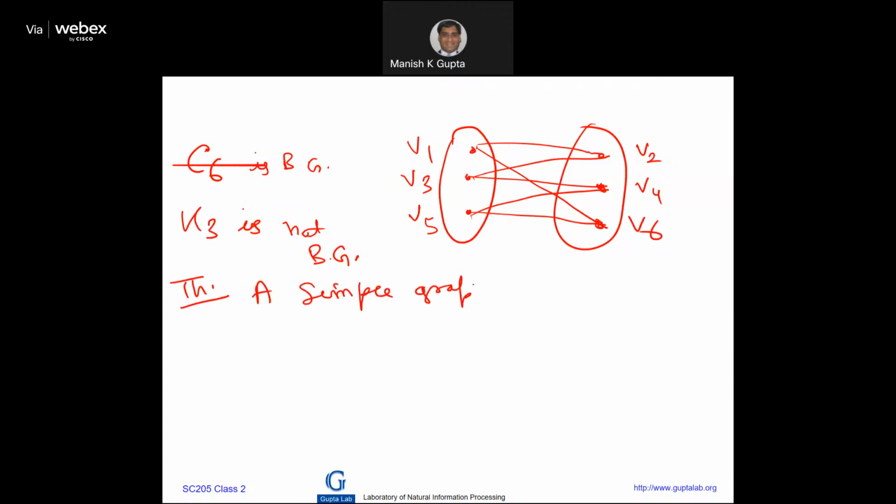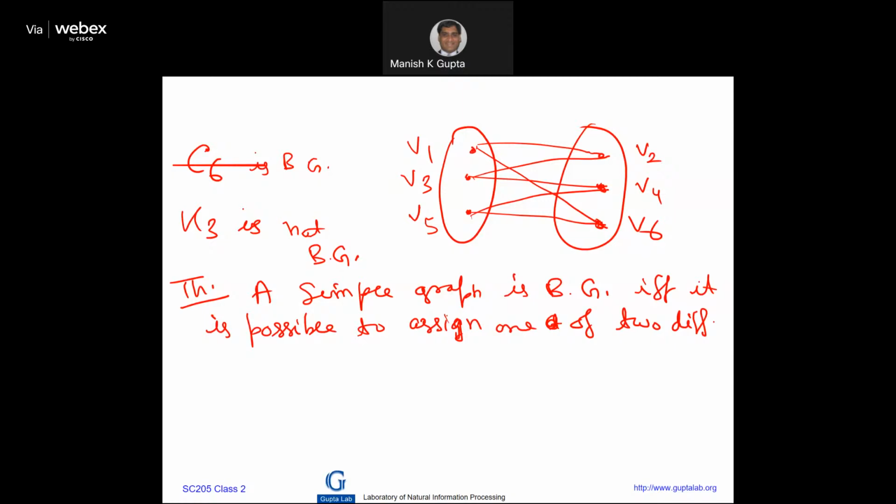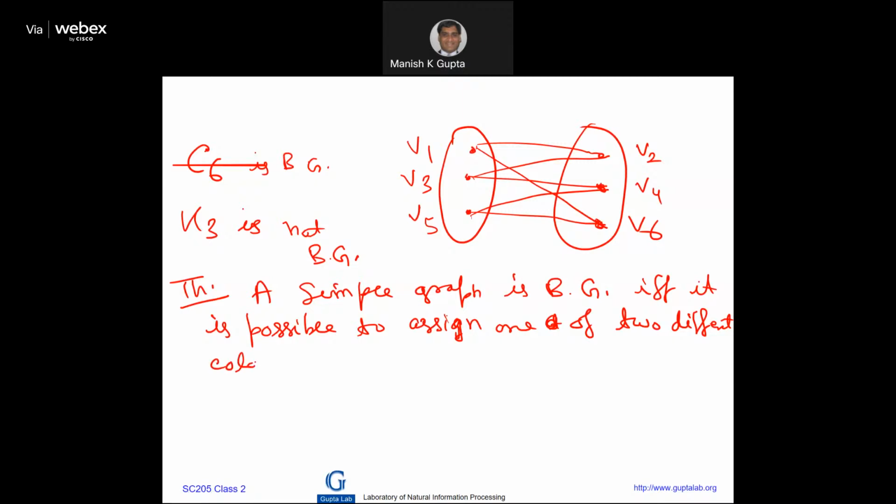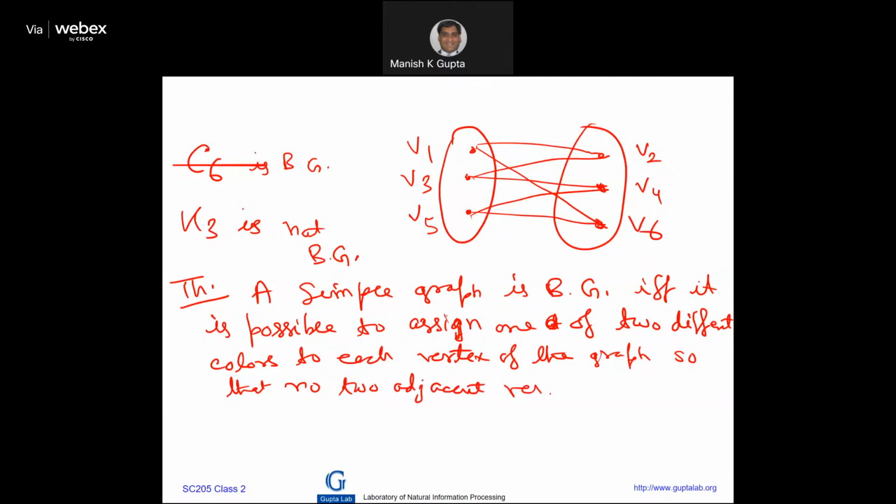A simple graph is a bipartite graph if and only if it is possible to assign one of two different colors to each vertex of the graph so that no two adjacent vertices are assigned the same color.